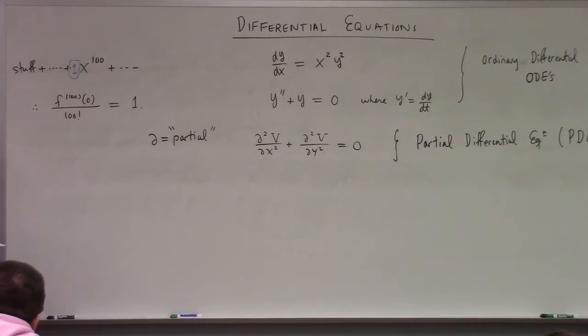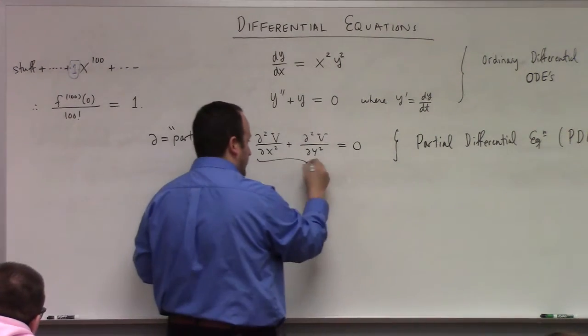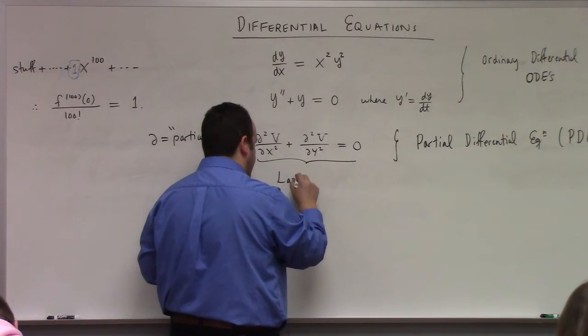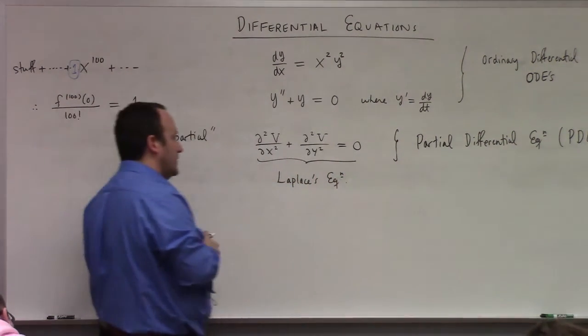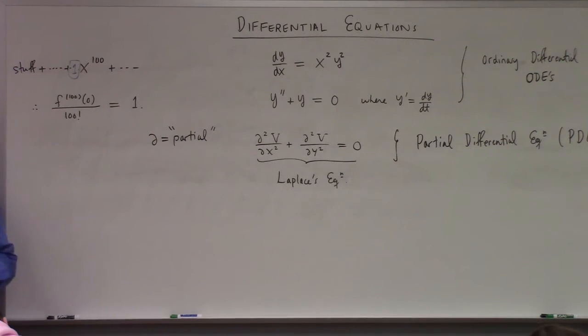This equation right here has a name. This is called Laplace's equation. You could think of V as being the voltage function. This is the equation that the voltage has to satisfy on a conducting plate.